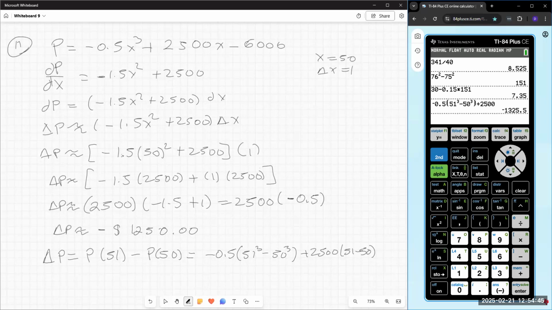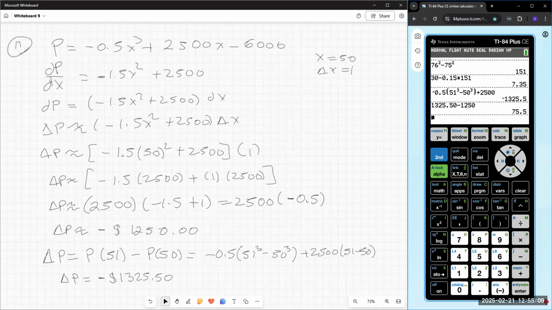So that's going to be delta P is exactly equal to a negative 1325.50, and 1325.50 minus 1250 is a difference of $75.50.